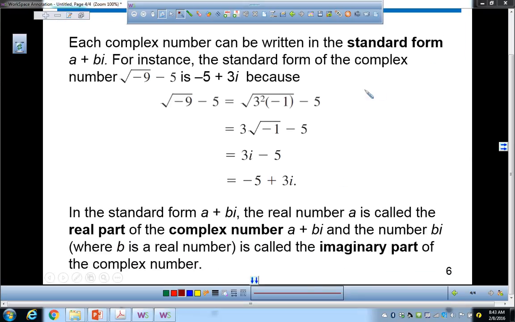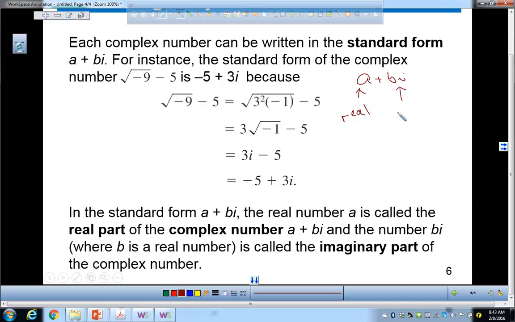A complex number is anything of the form a plus bi, where a is the real part and b is the imaginary part. This is standard form. You put the real part first and then the imaginary part second. So negative 5 plus 3i is a complex number.